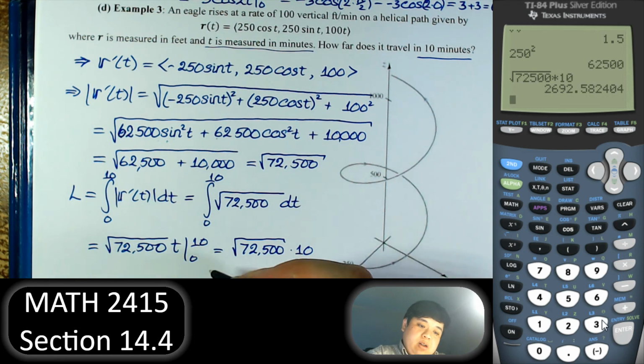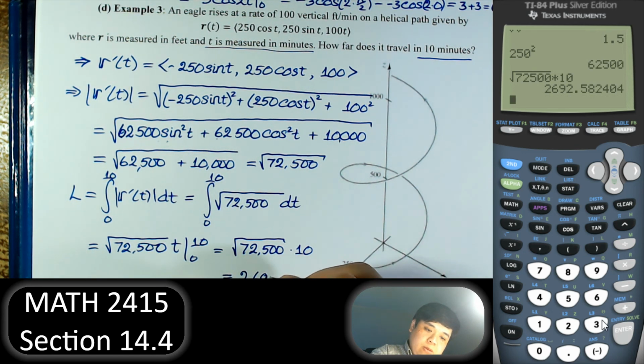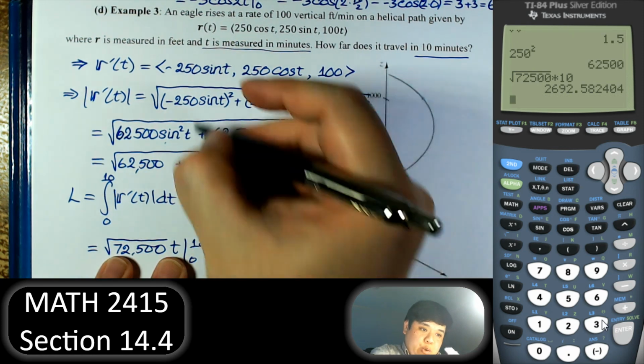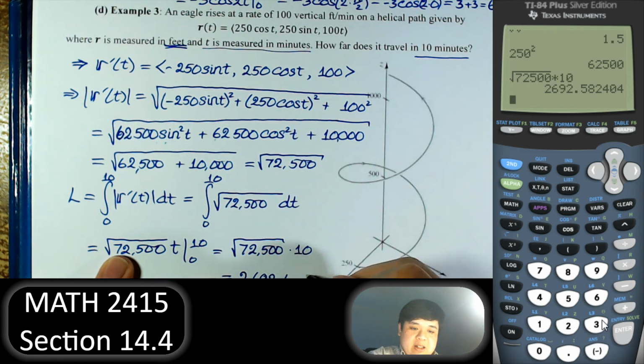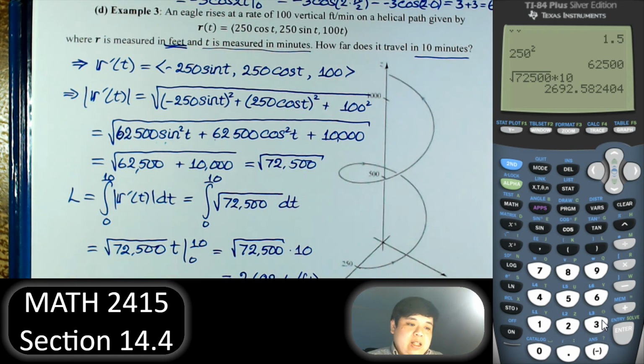So I have about that much. What is the unit? Right. Feet. So that is the distance the eagle travels. Right.